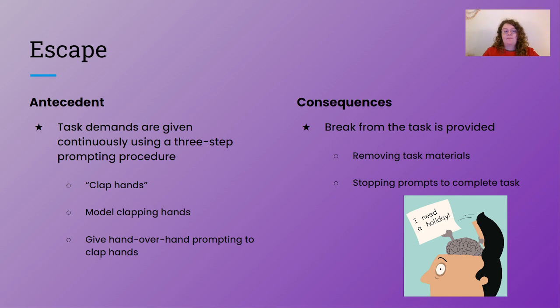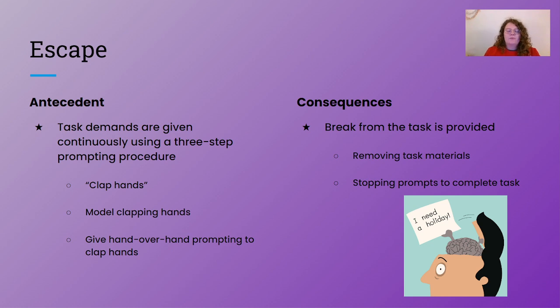Then we have escape. Escape is when they don't want to do something. So what I want you to do is we will have you give them a task such as clap hands, and we'll use a 3-step prompting procedure. So here's an example. Clap hands, and then you will physically prompt them to clap their hands.